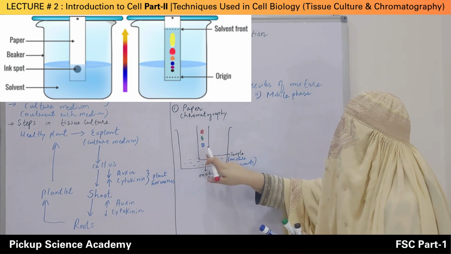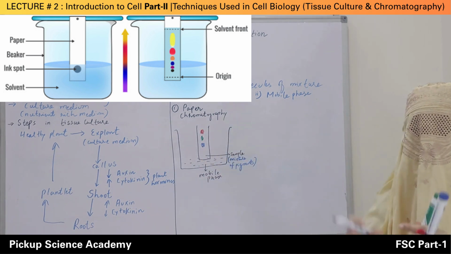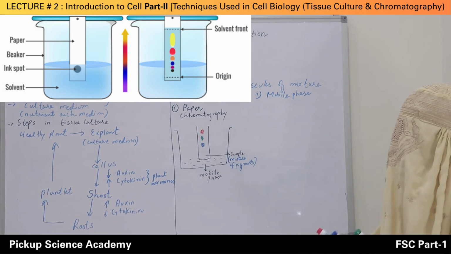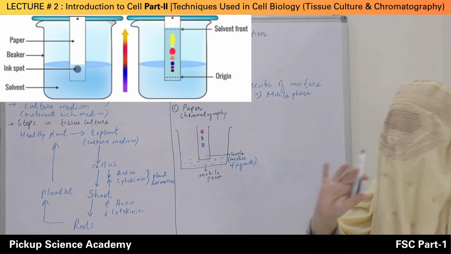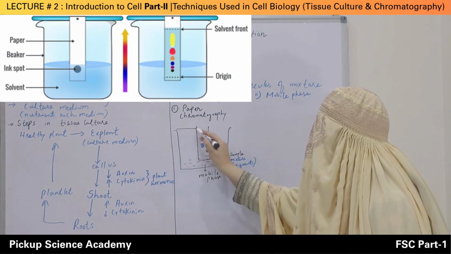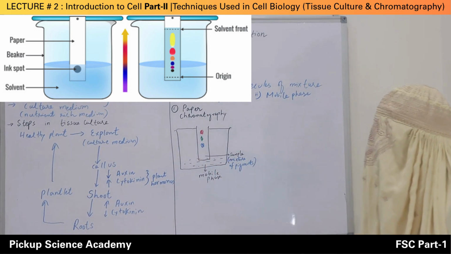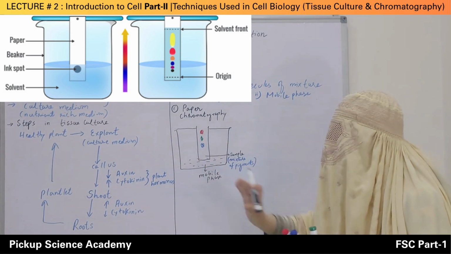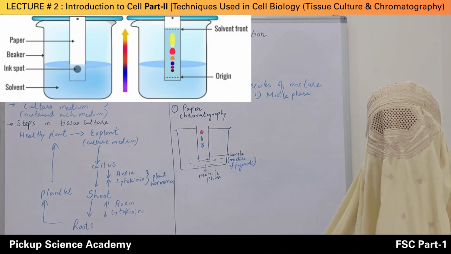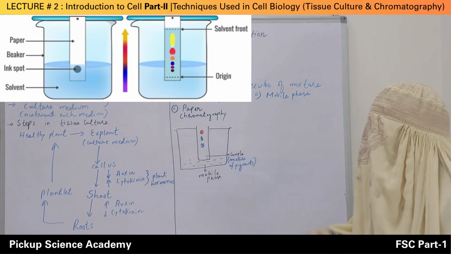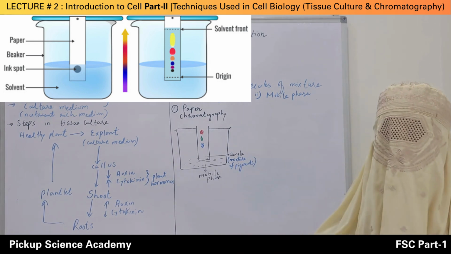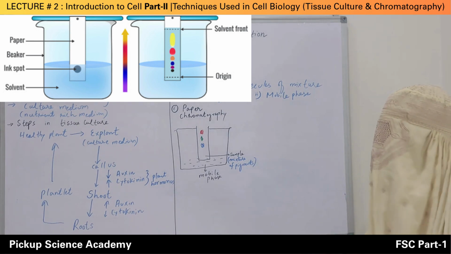So this sample will be separated into its components. And this paper, this stationary phase, is fixed here. Okay, so through this procedure, the mixture of the pigments is separated into its individual pigments.